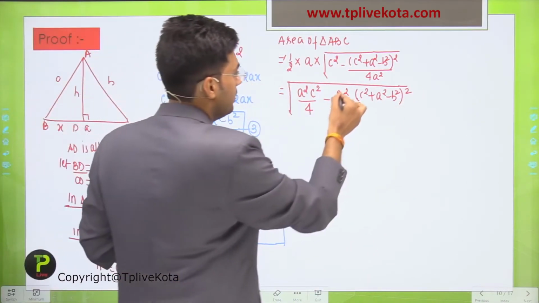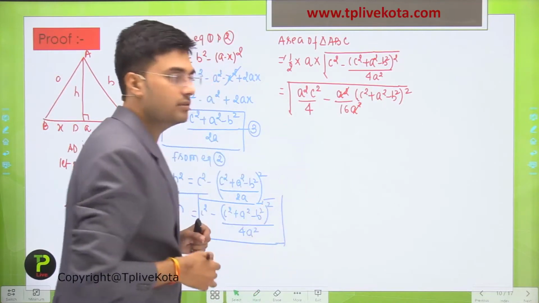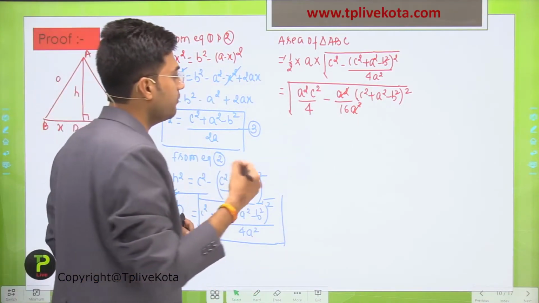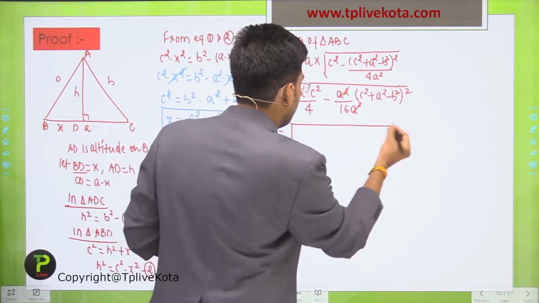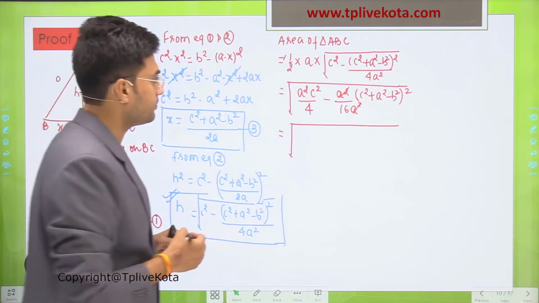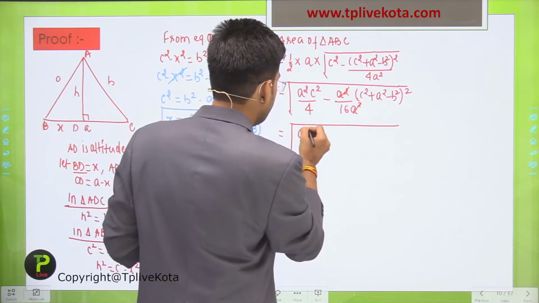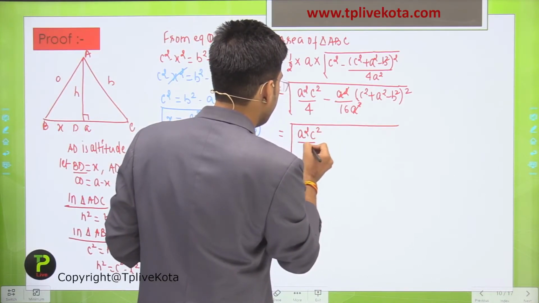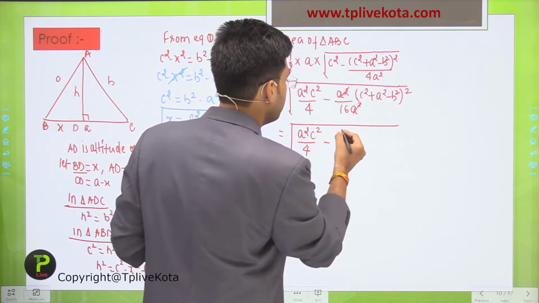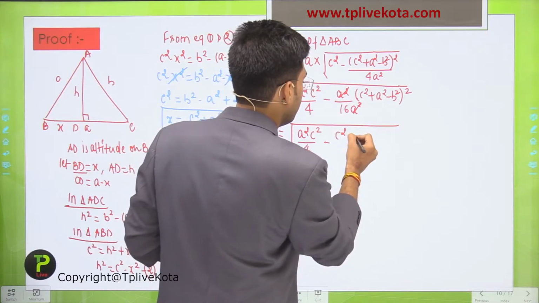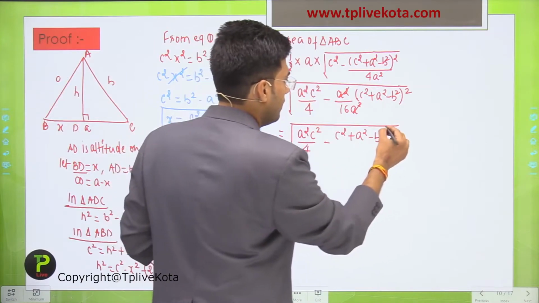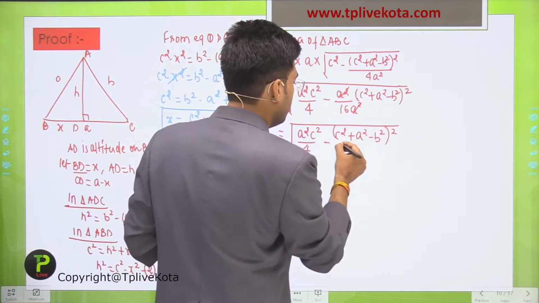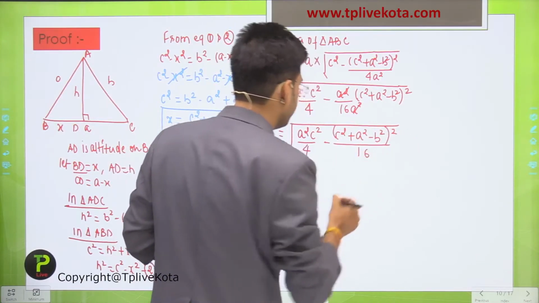Now this a square and a square cancel out, so we can write it as a square c square divided by 4 minus (c square plus a square minus b square) whole square divided by 16.